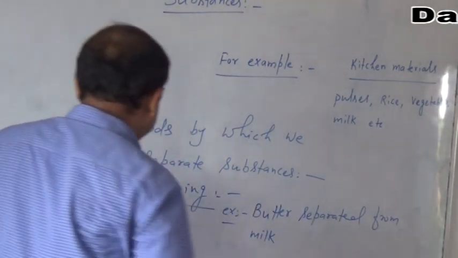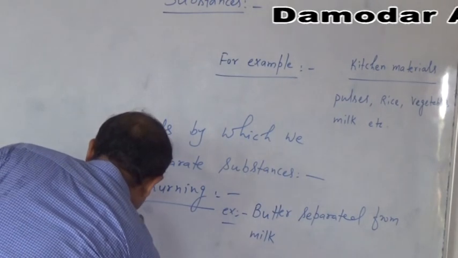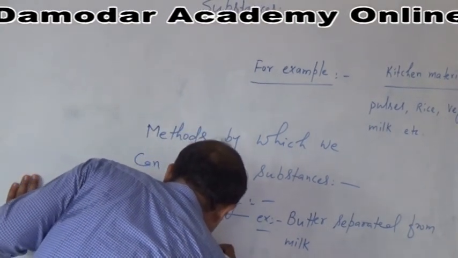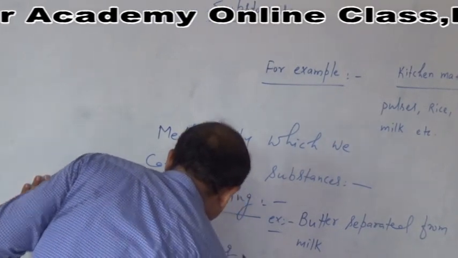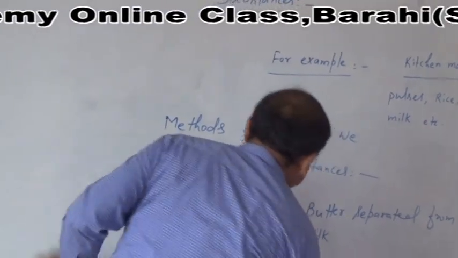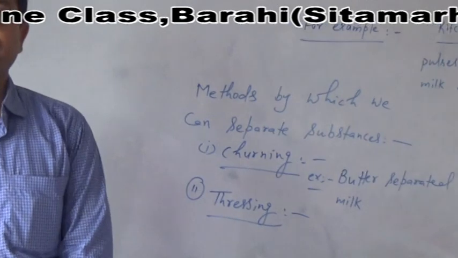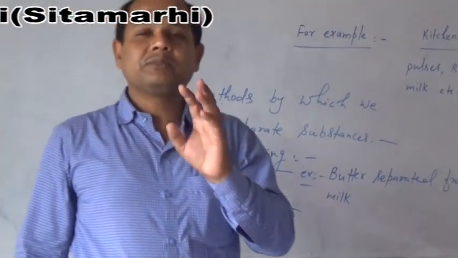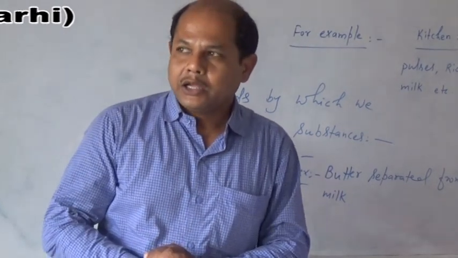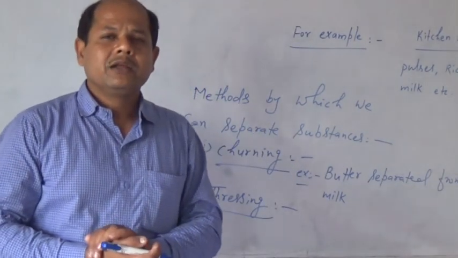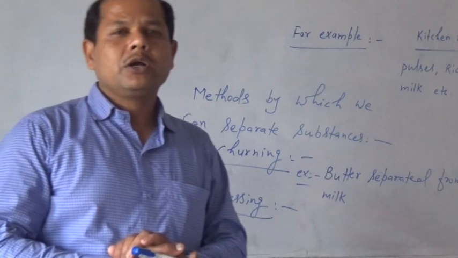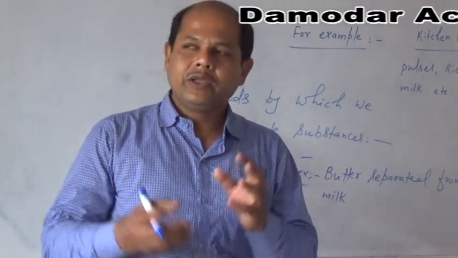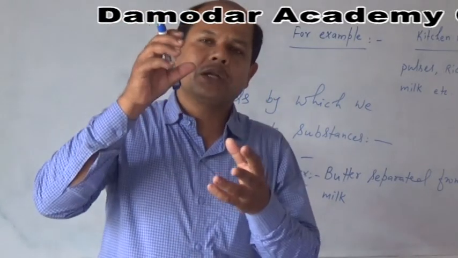The second method is thrashing. Thrashing is the process by which we can separate grain from its stalk. This is the time when we all see a thresher. A thresher is a machine into which we feed the whole plant.